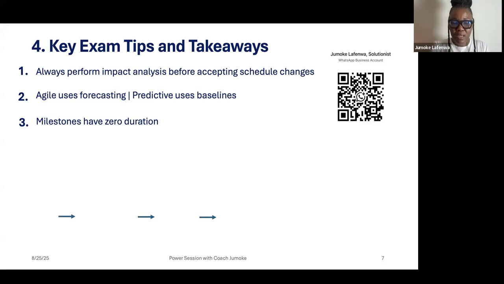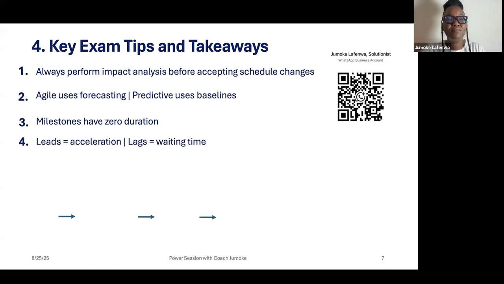I mean, the foundation itself is zero, but the work that goes into getting the milestone done is what we have duration for. And then when you hear leads and lags, lead is how long you have to start an activity early, and lag means how long you have to delay an activity from you starting an activity that will not impact the critical path.